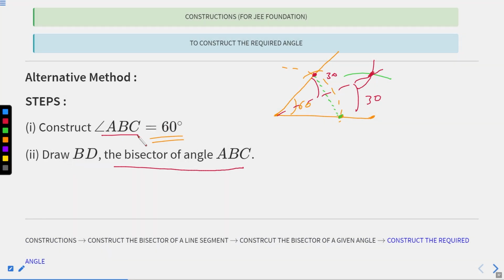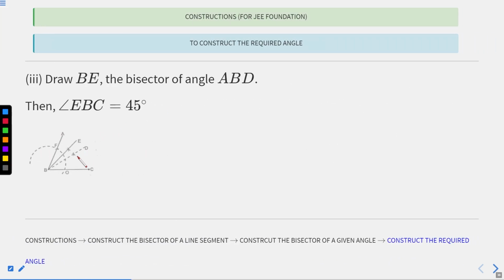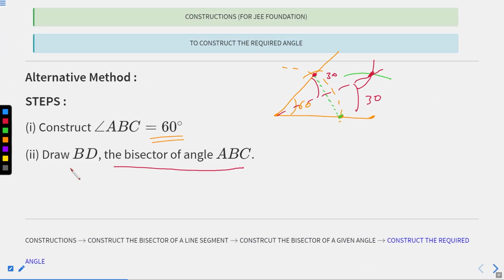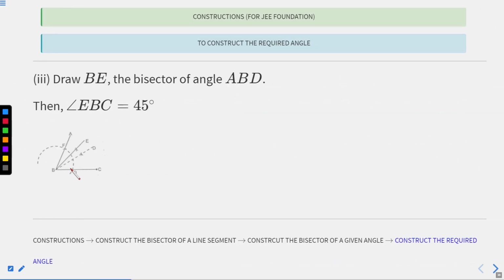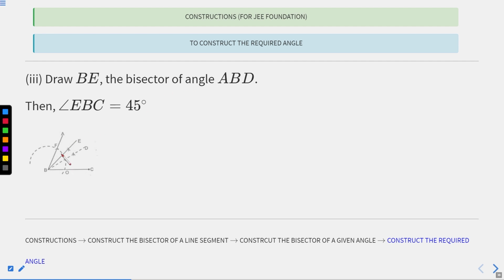So ABC is 60 and BD is, yes, this is 30 and this is 30 because BD bisects ABC. ABC is 60 and this is 30 and 30. Okay, I hope this is clear.